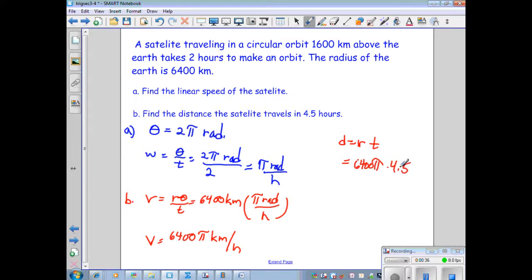Then, when I simplify, I'm going to get 28,800 pi kilometers. Now, if I substitute this into a calculator, I'll get 90,477.9 kilometers.